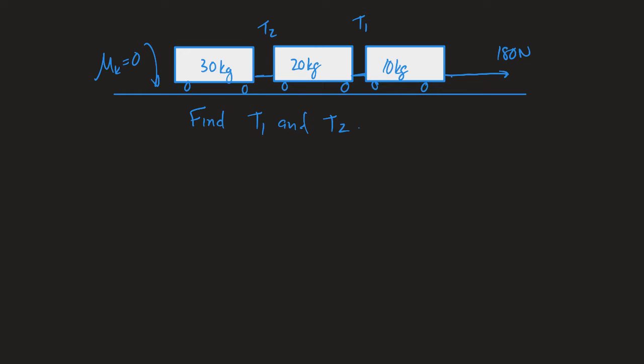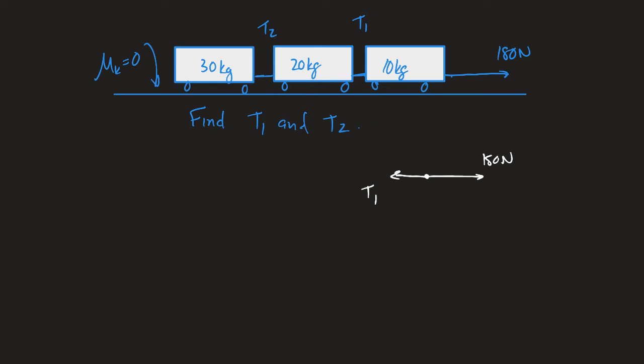First, when I look at this problem, I hope that you see that you can break this up into 3 smaller diagrams, and that's what I expect you to be able to do. So I expect you to say, okay, I've got 180 newtons this way and T1 this way. And yes, there should be some up and down forces here.